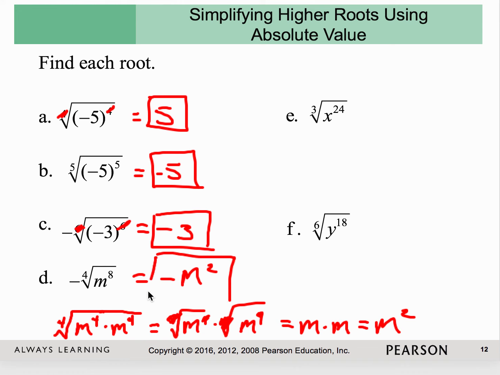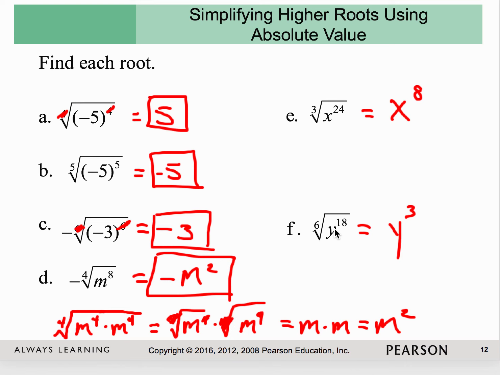So mathematically, this is what we're doing. But notice, hey, how many times does 4 go into 8? 2. Hey, how many times does 3 go into 24? 8. Hey, how many times does 6 go into 18? 3. Okay, so if we have variables under there, it actually becomes really easy to simplify it.